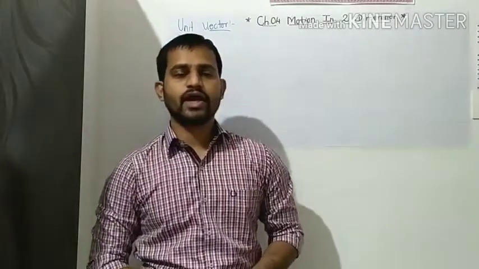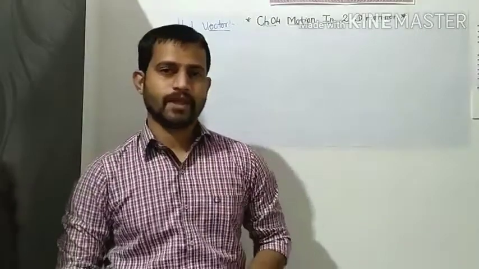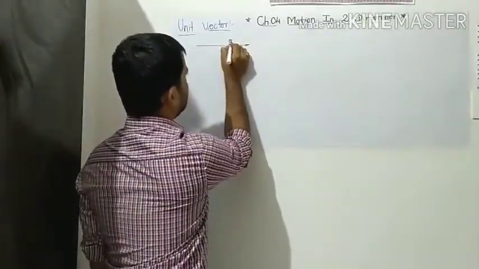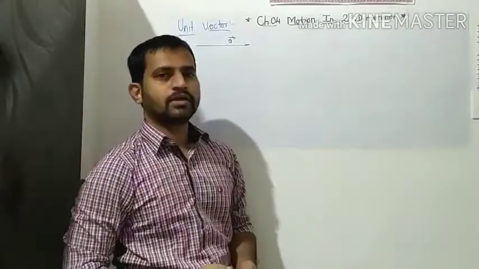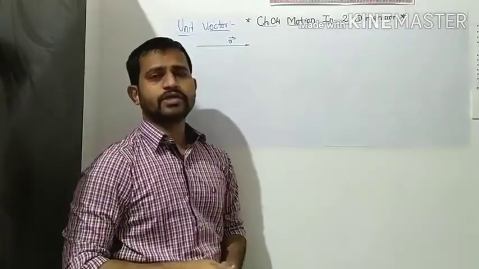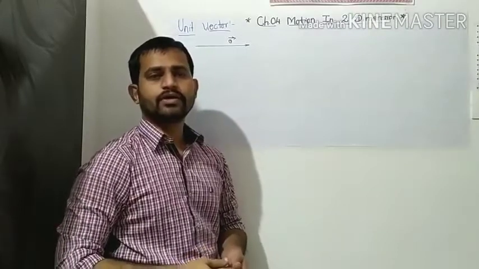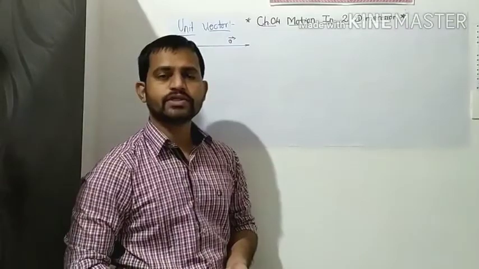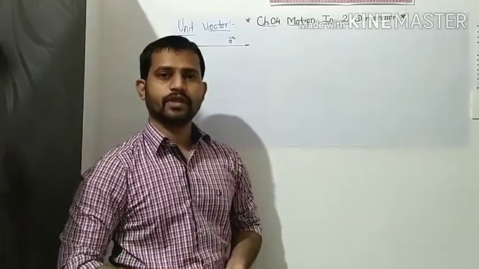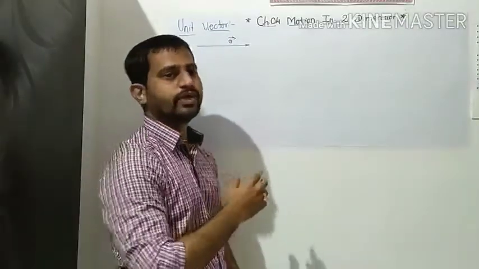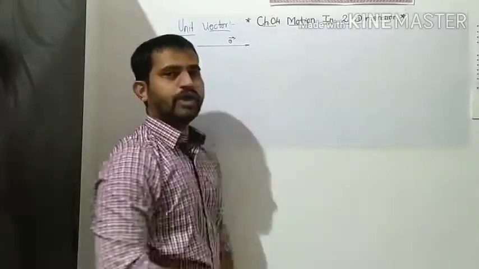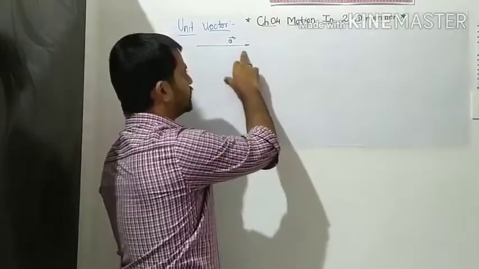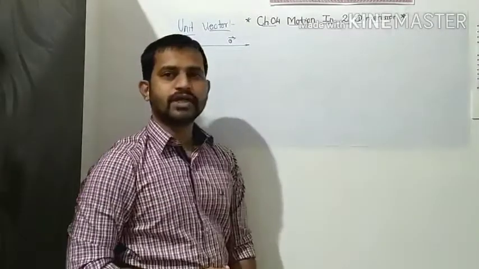Suppose we have one vector A. If this is the vector A, then the length of the vector indicates the magnitude of that vector A, and the direction of the arrow will give us the direction of that vector A. So the length of the vector A will represent its magnitude, and the direction of the arrow will give us the direction.